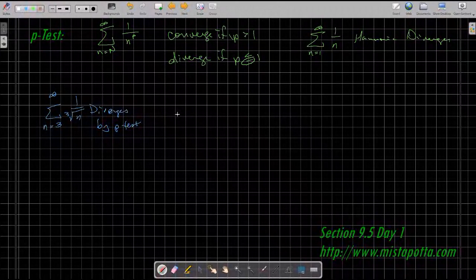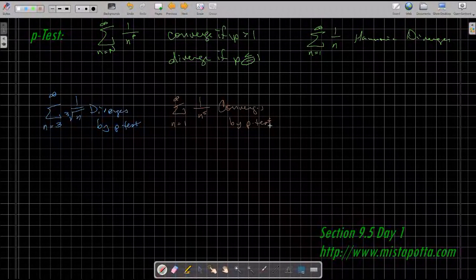If I'm dealing with the sum from n equals 1 to infinity of 1 over n to the 5th, this converges by p-test. And so this p-test is a very quick test to determine it.